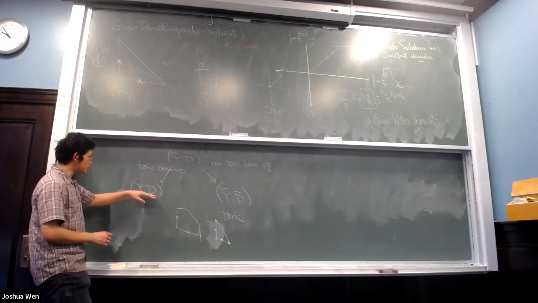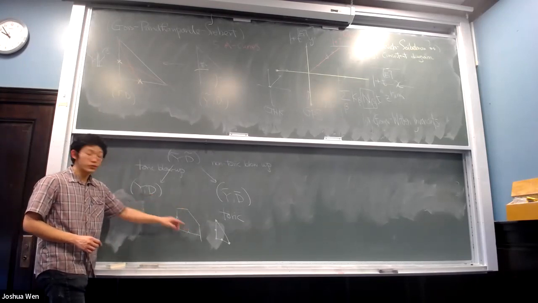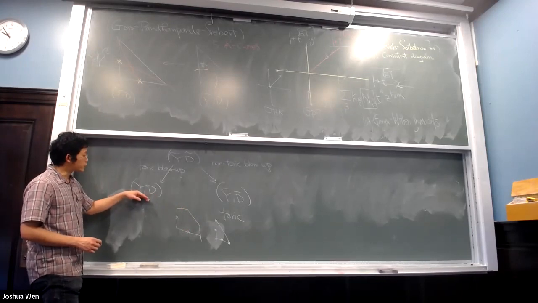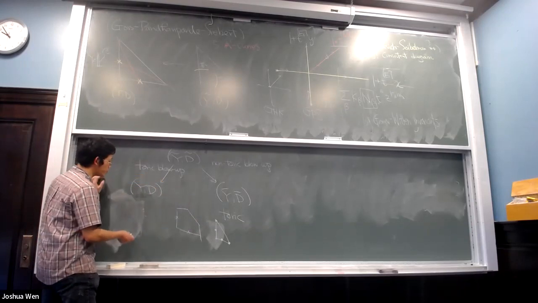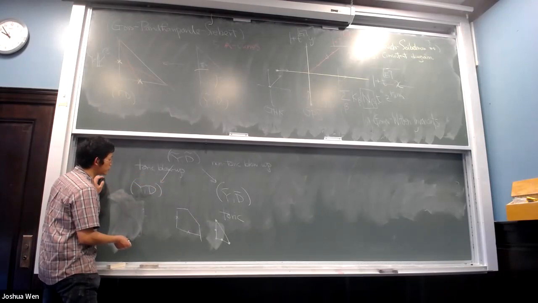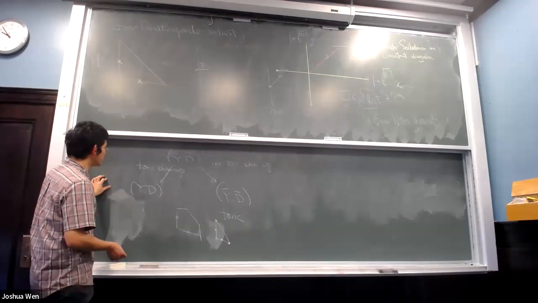So this D will be the proper transform of the boundary divisor. So that will be this. And so you can track this too. So maybe I will have, so this might be just trivial in this case.